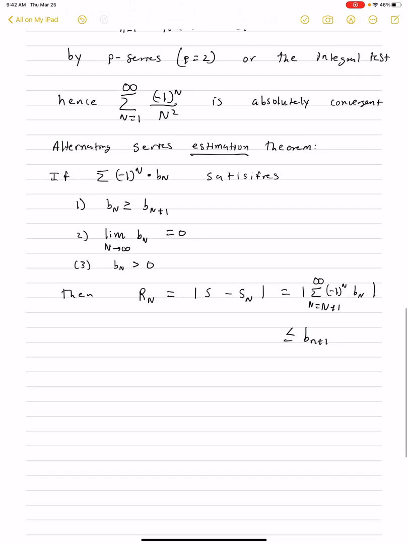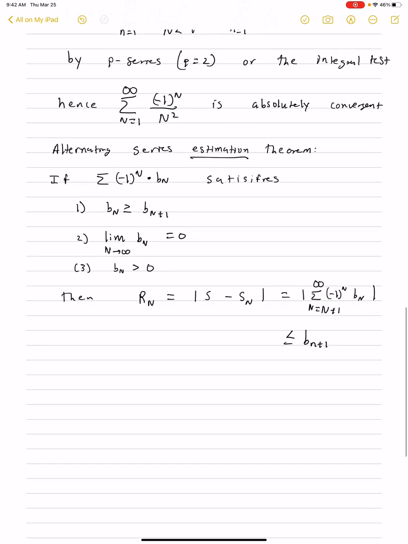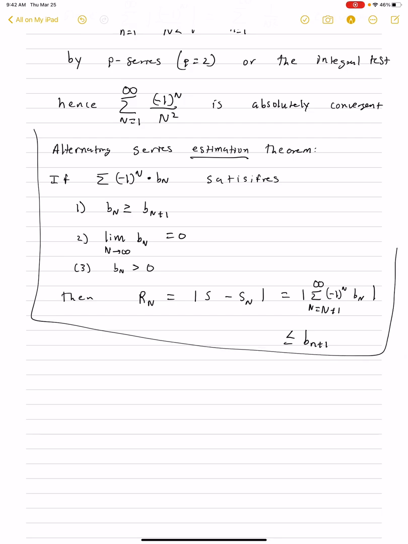So by the way, this is the alternating series estimation theorem, put in a box.